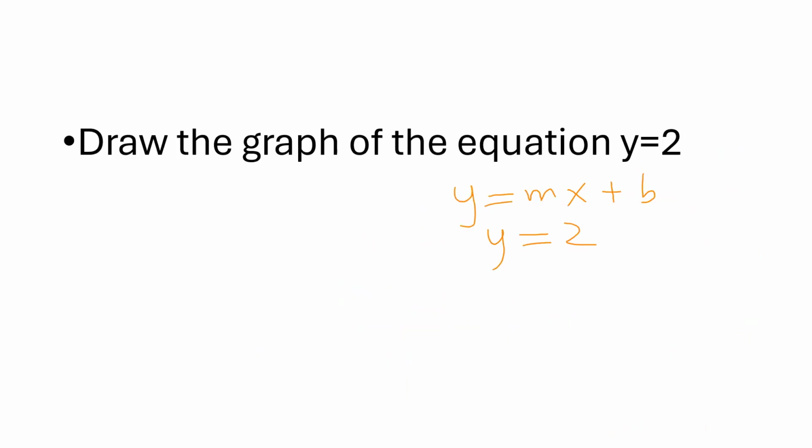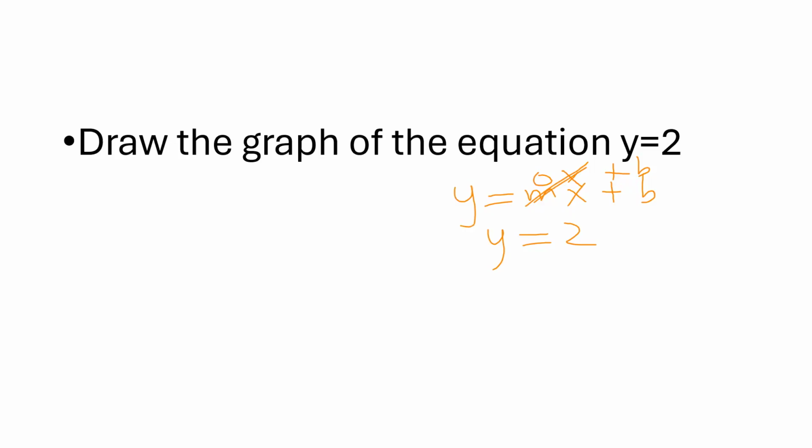So if you compare this to y equals mx plus b, this is like saying that your m is 0 times x plus b, and this goes to 0 because m is 0. So you only have a y-intercept of 2. That is what is going on with this equation.